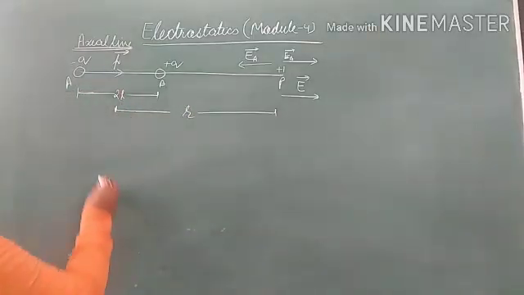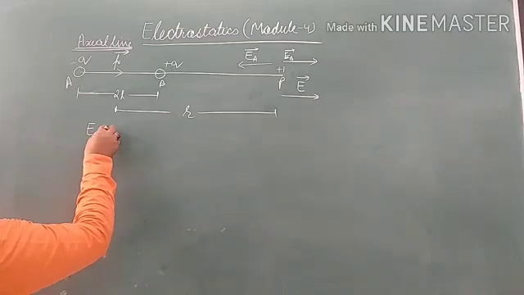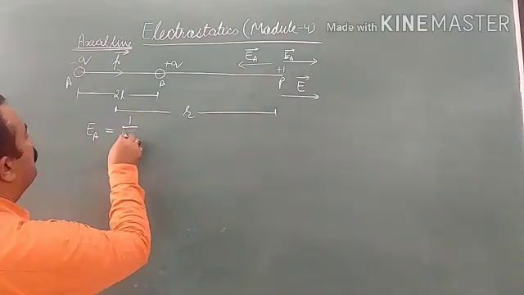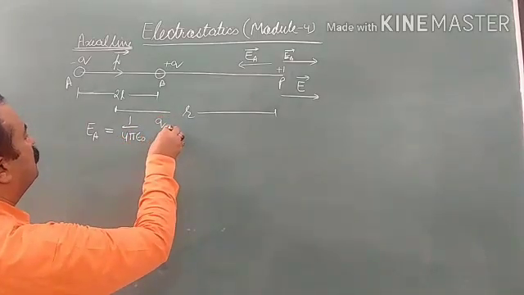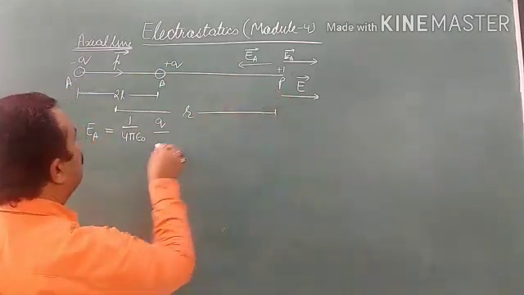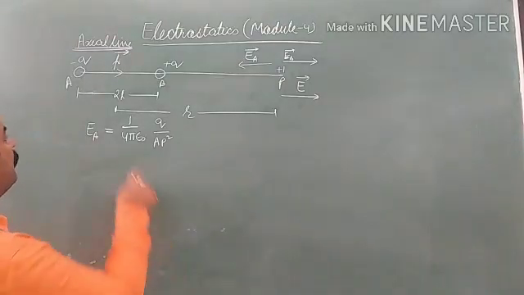See, the electric field due to point A is equal to 1 upon 4 pi epsilon naught Q upon AP square. What is AP?